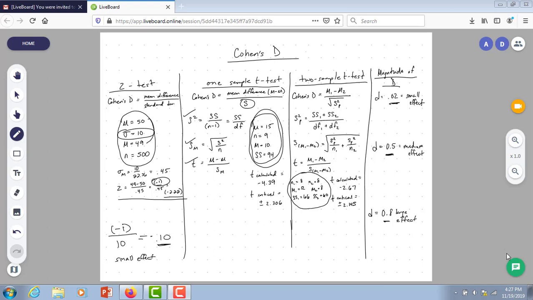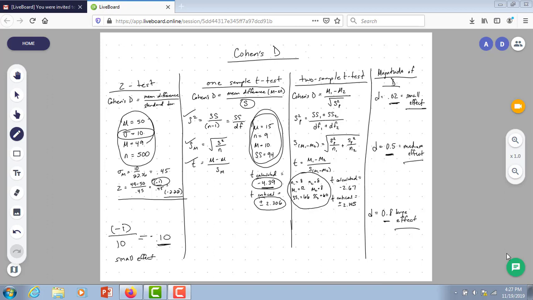We know it's significant because our t calculated is -4.39, and our t critical, which is likely two-tailed alpha 0.05, that information is usually given to you, that t critical on the negative end is being exceeded by this t calculated, which is -4.39. Now we want to assess if the treatment effect is small, medium, or large.